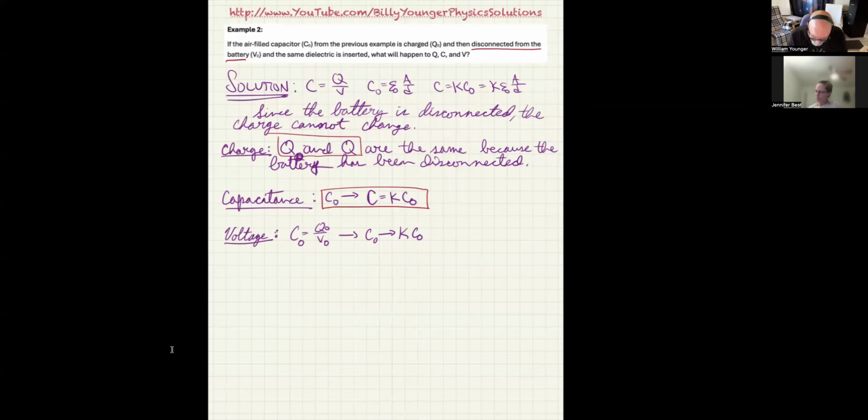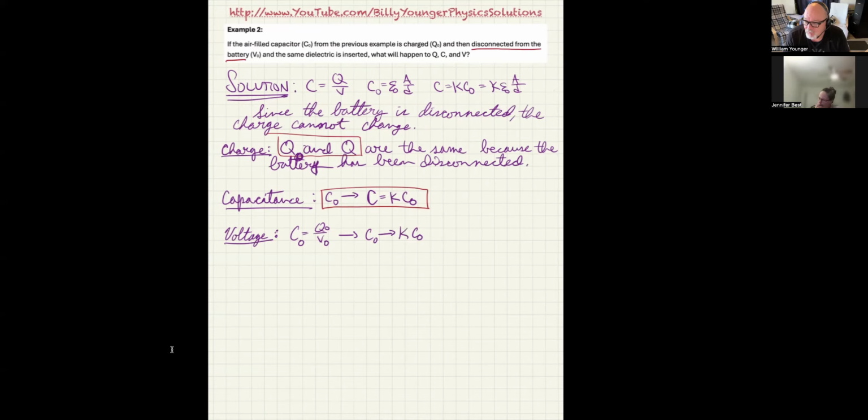So you've got to figure out what could possibly be absorbed there, or which term on C0 equals Q0 over V0. In the general sense, C equals Q over V. What can actually account for that K that is multiplying the C? You either have to have the Q increase by a factor of K, but we just said the Q can't change, or you have to have the V0 change.